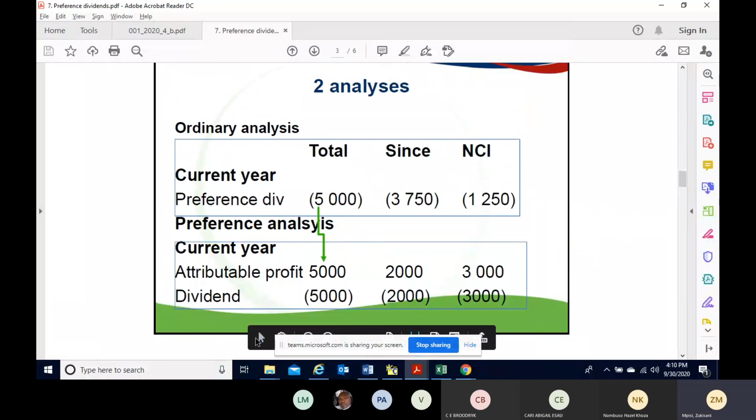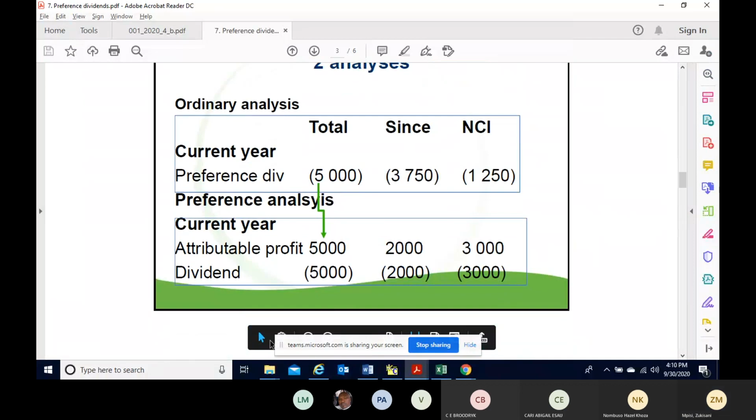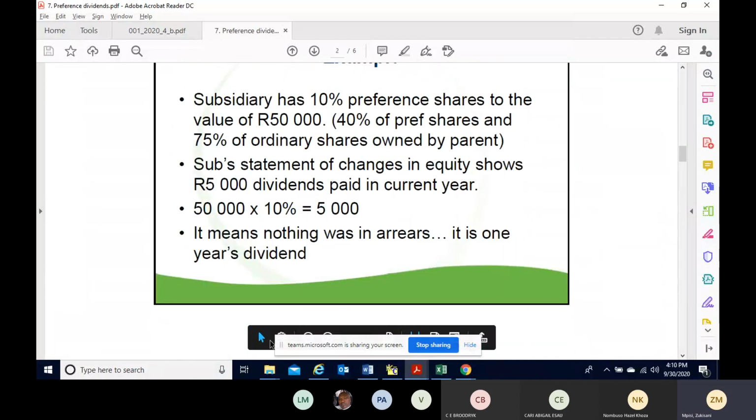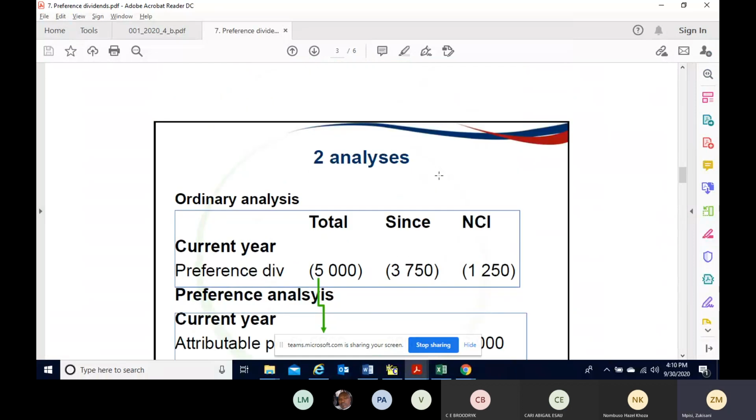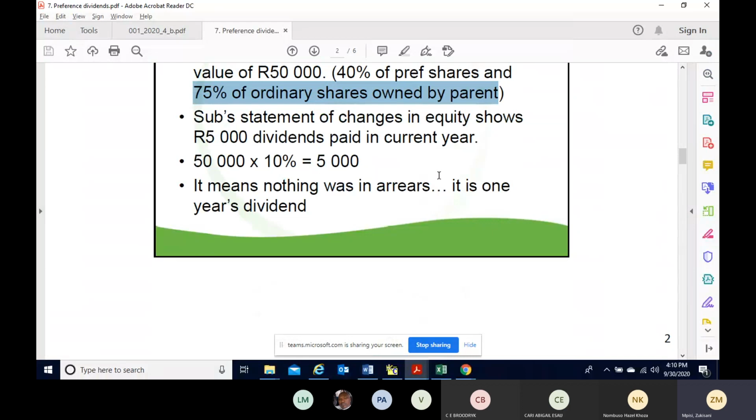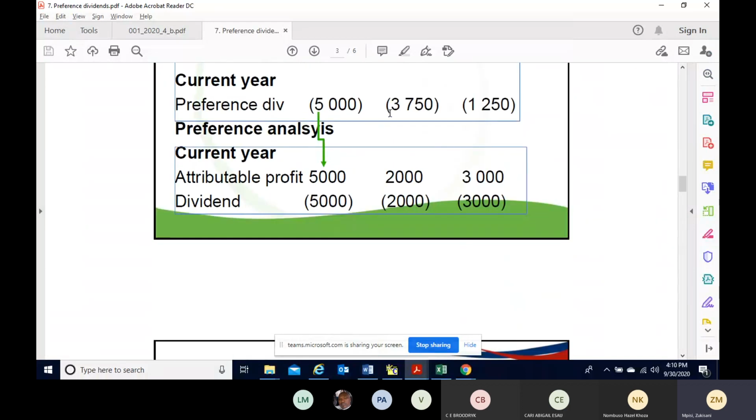So this means on the subsidiary's account, in terms of the analysis, if you are looking at the ordinary analysis where 75% is owned by the parent, the preference dividend itself will be 75% of 5,000, which is 3,750, and 1,250.